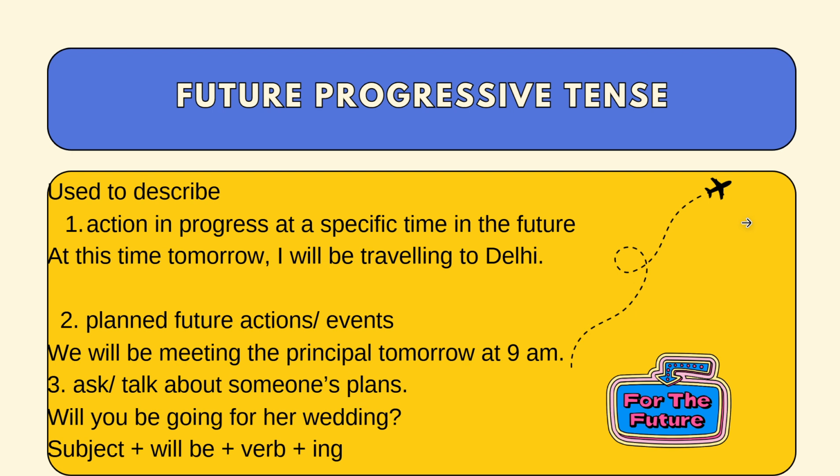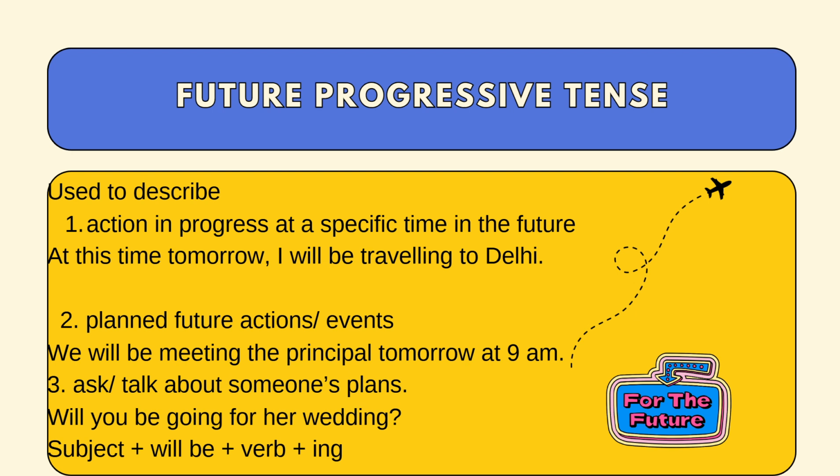What is future progressive tense? Just like past progressive tense, when we talk about an action in progress at a specific time in the future, there we use future progressive tense. Look at the example here. At this time tomorrow, I will be traveling to Delhi.